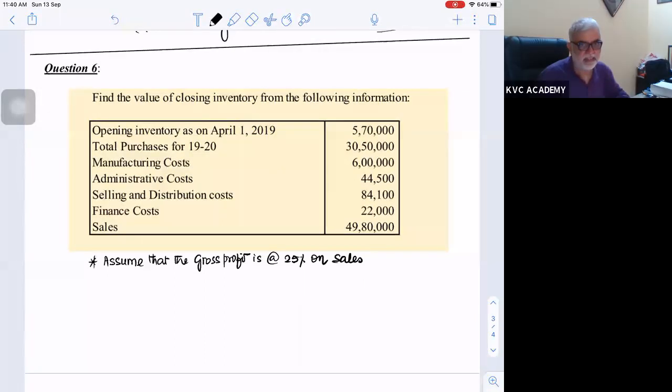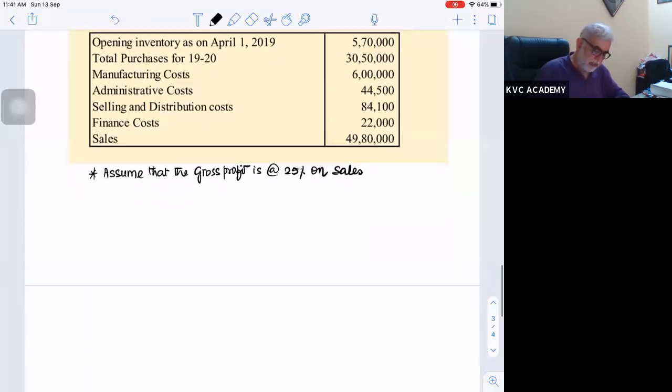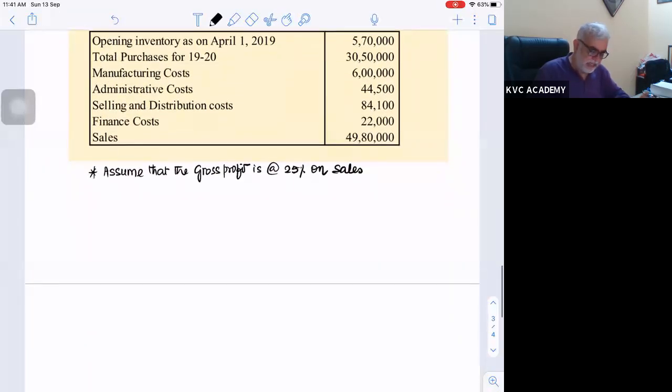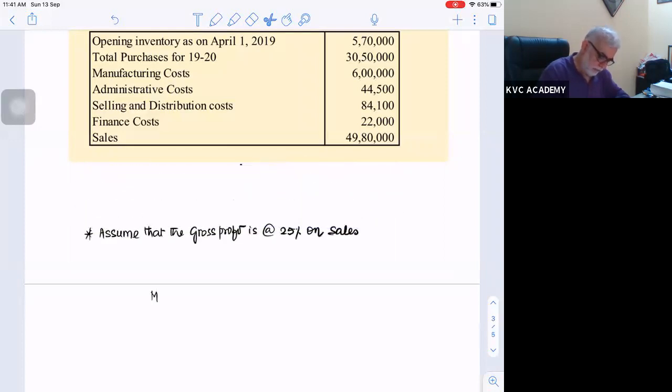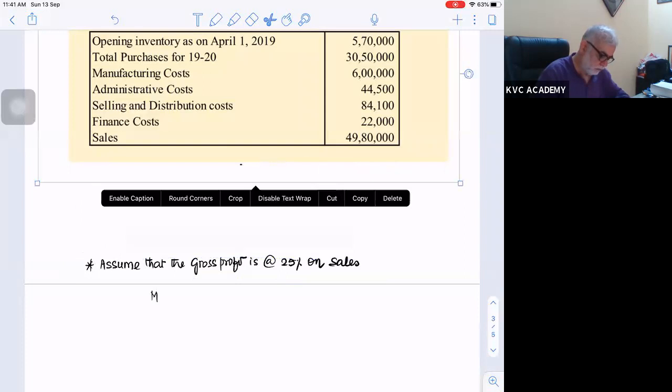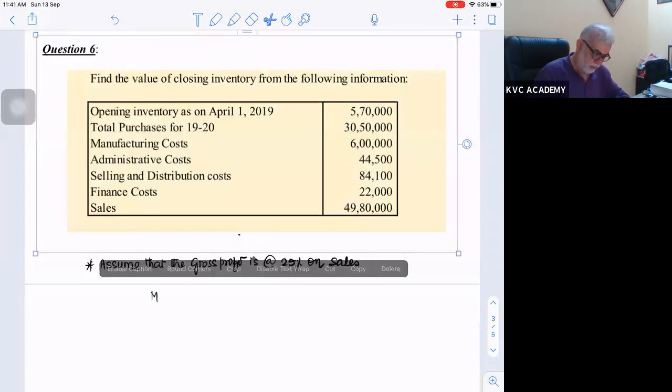One more line I've added there. It's a more missed out, I think. Assume that the gross profit is at 25% on sale. Okay. Now, if I do that assumption, I can actually solve the question. Okay. Questions like this are best done with a memorandum trading account. Okay.